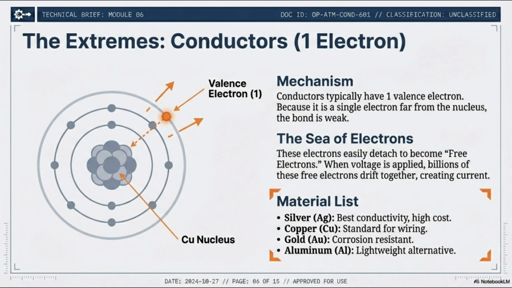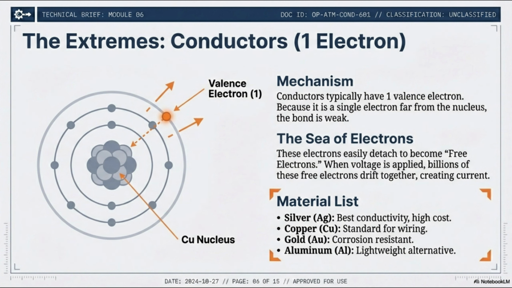So let's talk about these specific materials a little bit more, how they actually act. The very first thing we have to see is the conductors. In their valence shell, they're only going to have 1 electron. So how does it work? Conductors typically have only 1 valence electron on their valence shell, as you can see over here.